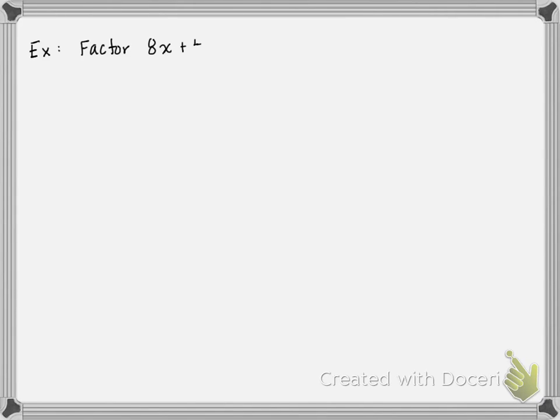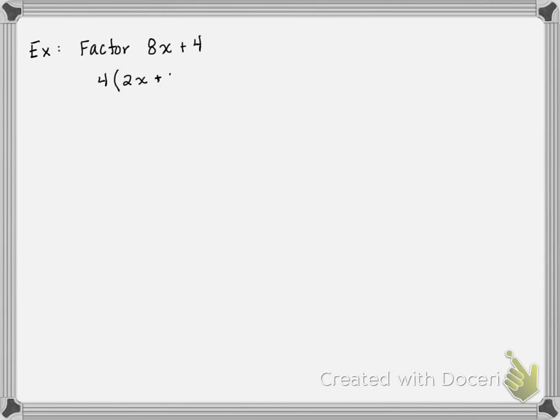8x plus 4. So what is the greatest common factor of 8x and 4? 4. So if I want to pull out a 4, what's my first term going to be? 2x. Yep. And then if you take a factor of 4 out of 4, what are you left with? 1.